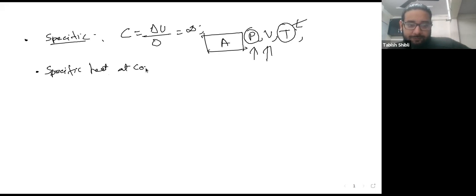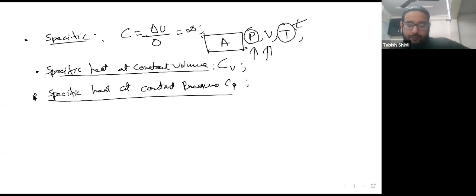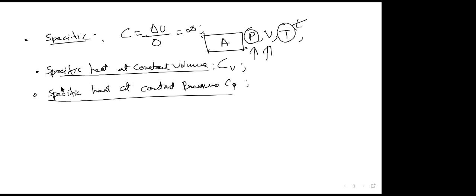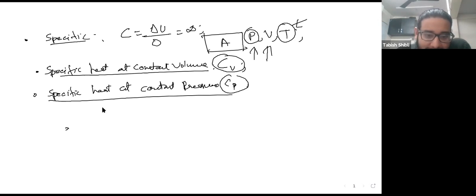at constant volume, which we will denote by CV, and specific heat at constant pressure, which we will denote by CP. So in this process the pressure is constant, and in this process the volume is constant. Now, is there a relation between CP and CV?